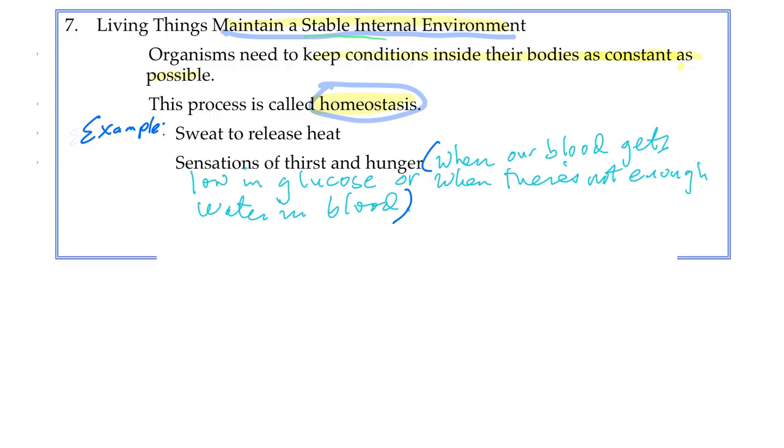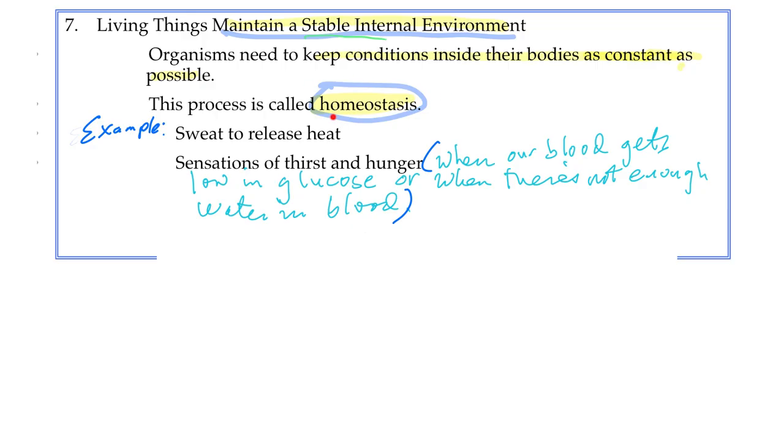The temperature, the pH, the amount of oxygen, the amount of whatever. Okay, if you cannot maintain a stable internal environment, you're no different than a non-living object. You'll be dead. Okay, this ability to keep conditions inside the body or cell as constant as possible is called homeostasis.